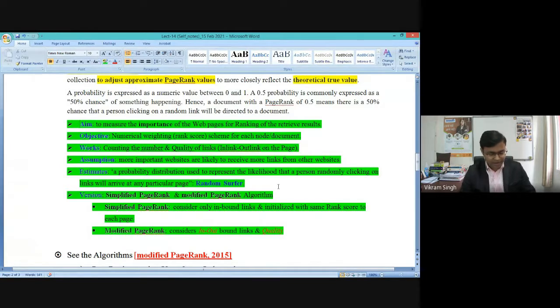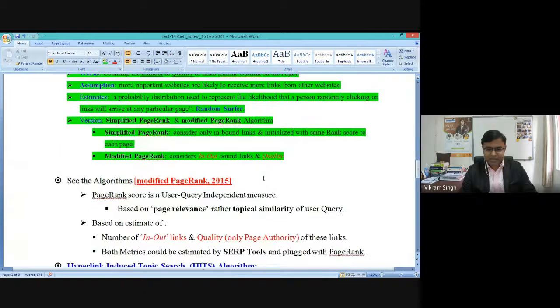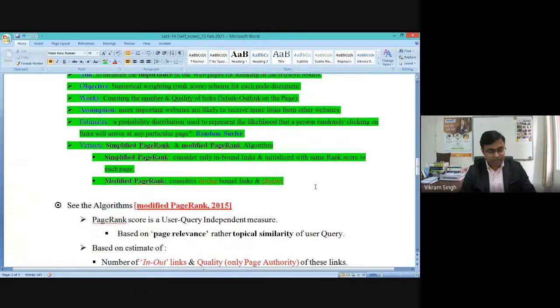When I say modified PageRank, it is because the simplified PageRank primarily utilized the number of links, and in this only the links which are inbound links to the particular page.